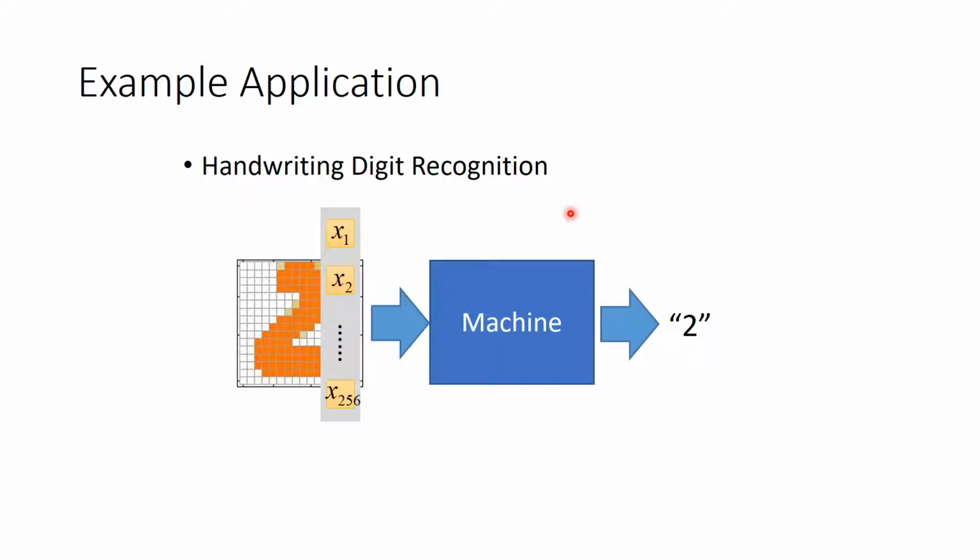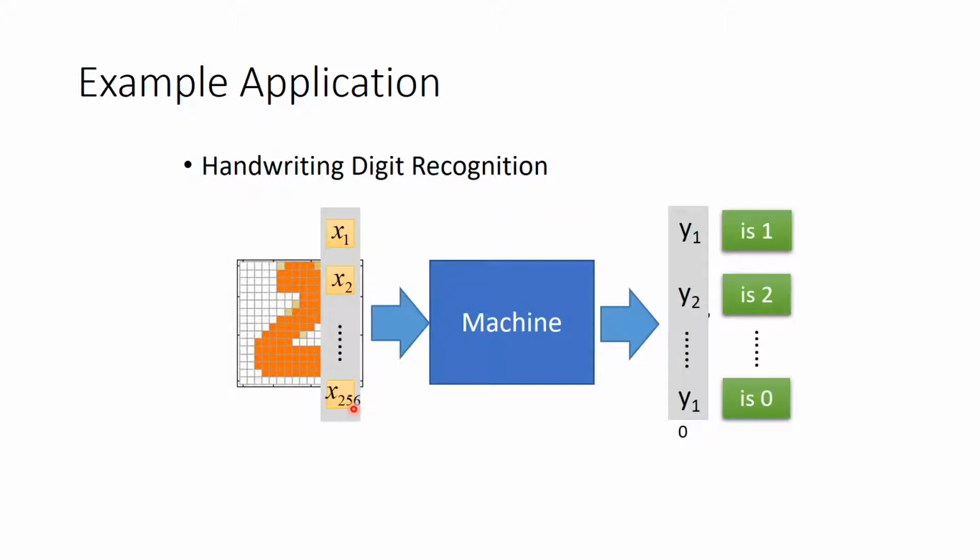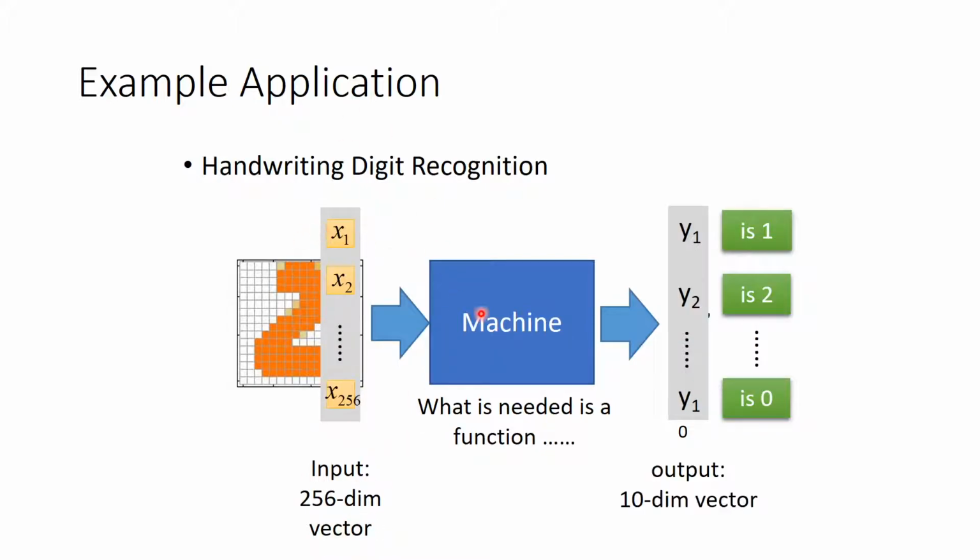PowerPoint animation. Okay, here this is our input S1 to S256, and the output is 1 to 0. What is needed is a function here: input a 256-dimensional vector and output a 10-dimensional vector, and this is what we call the neural network.